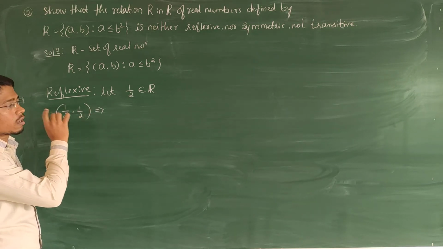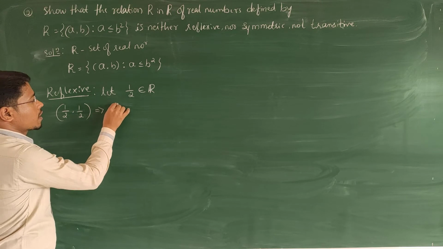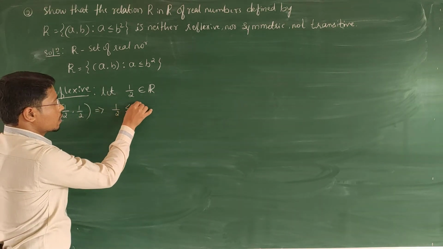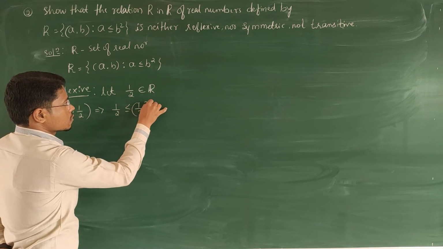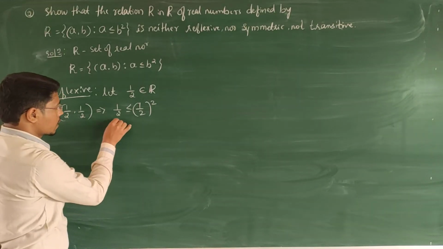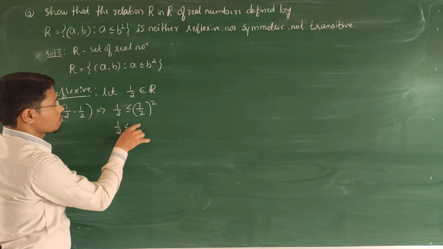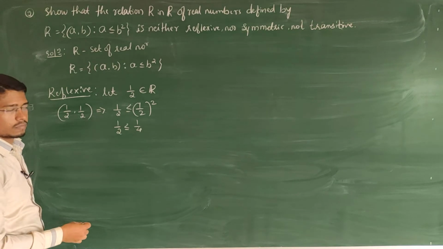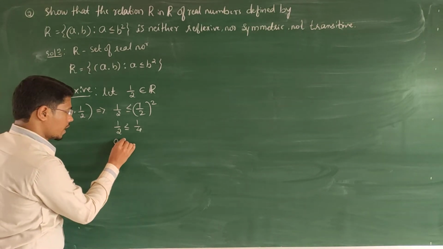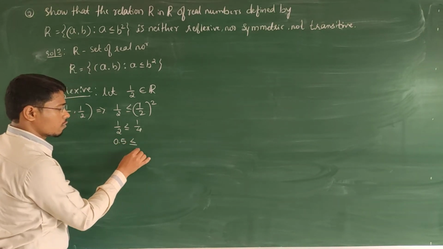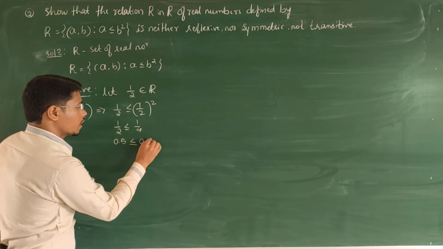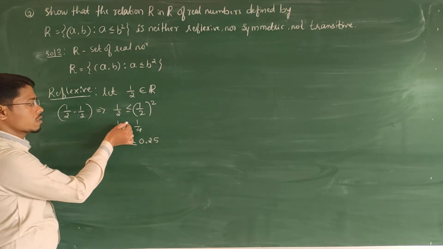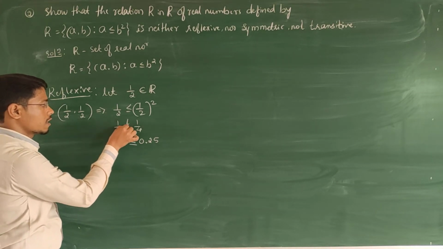Putting into the relation, a is 1/2 and b is 1/2. Is 1/2 ≤ (1/2)², which is 1/4? 1/2 is 0.5 and 1/4 is 0.25. 0.5 is bigger than 0.25, therefore it is not less than or equal.